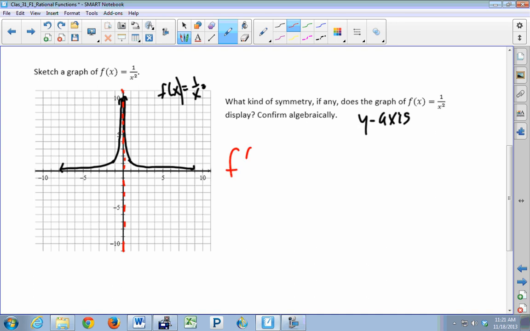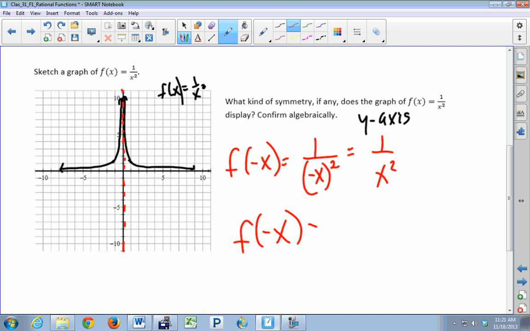You put in f of -x. So I go into my original function and put -x in, and I square it. And when I square -x, I get x squared. So f of -x is exactly the same as f of x. That tells me and shows me algebraically that I have y-axis symmetry.